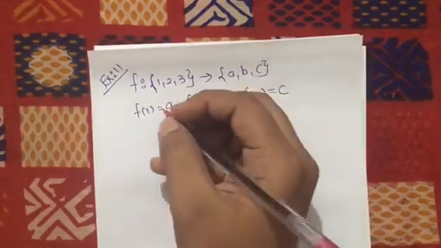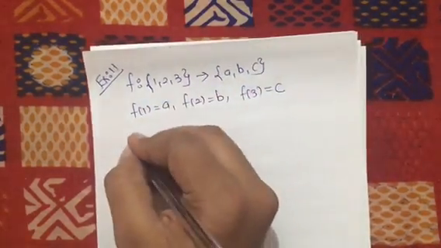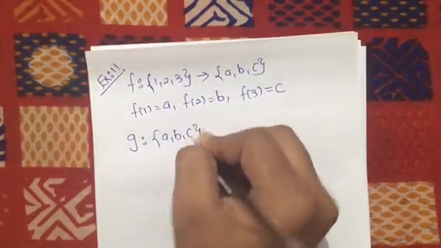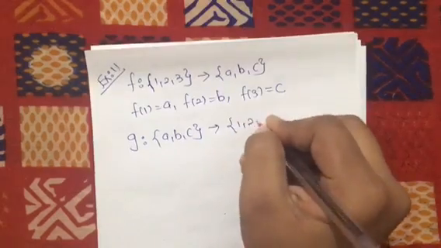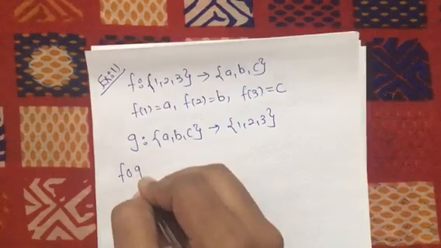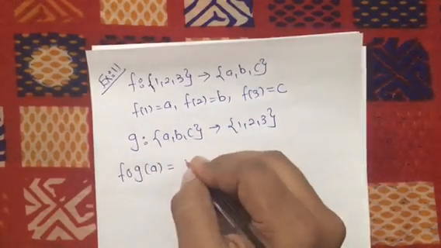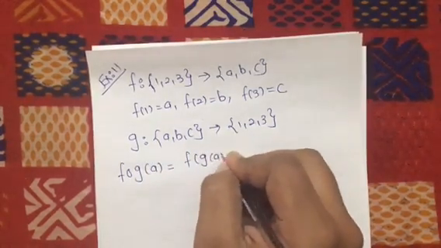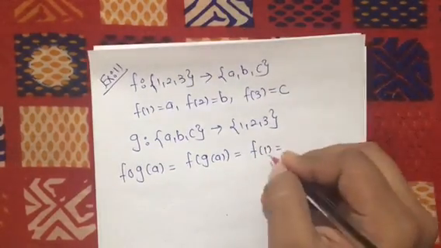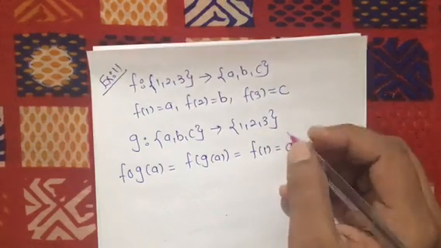Okay, so let's start. Let us define a function g from {a, b, c} to {1, 2, 3}, and check whether f is an invertible function. So let's just start. f of g of a: g of a is 1, that is f of 1, and the value of f of 1 is a.